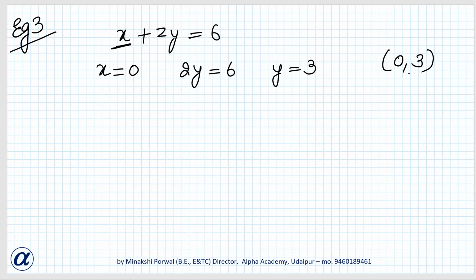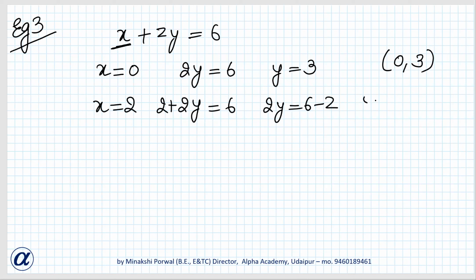Now suppose I put x equals 2. So it is 2 plus 2y equals 6. 2y equals 6 minus 2, or 2y equals 4. y equals 2. So the next solution is (2, 2).